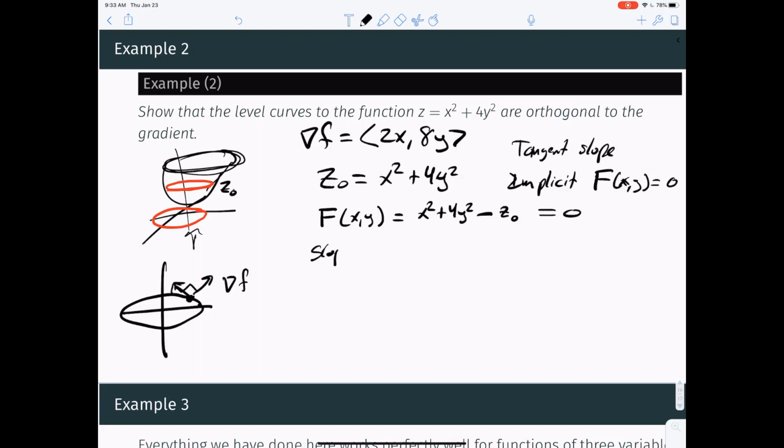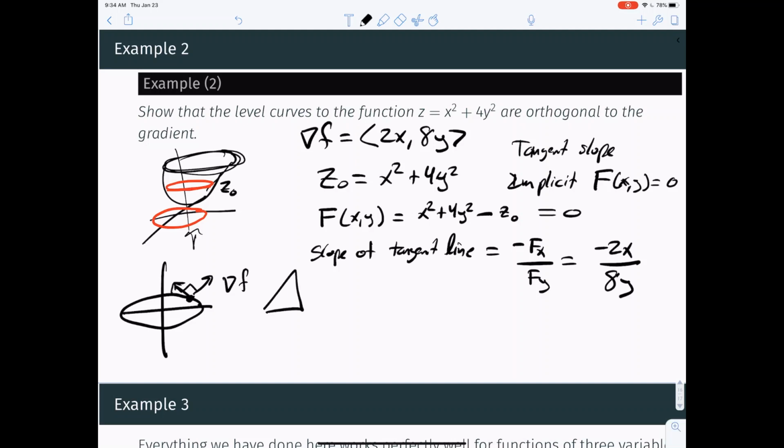Then the slope of the tangent line is equal to negative Fx over Fy, which would be, Fx for capital F, that would be 2x, over Fy would be 8y, so negative 2x over 8y. Okay, so that's the slope. I need to turn a slope into a vector. Well, if the slope is rise over run, I could make the run 1, and the rise would be negative 2x over 8y.